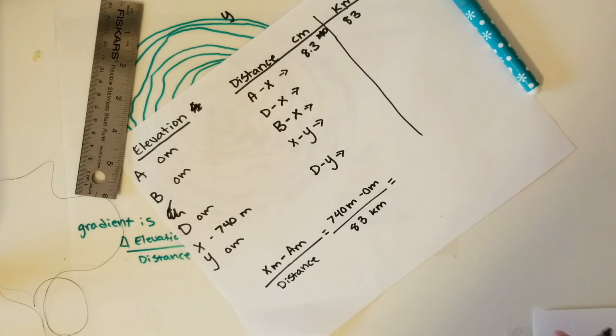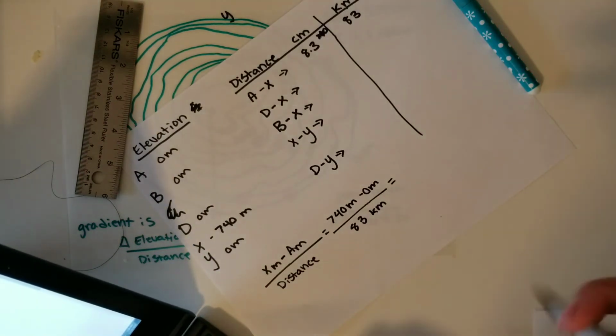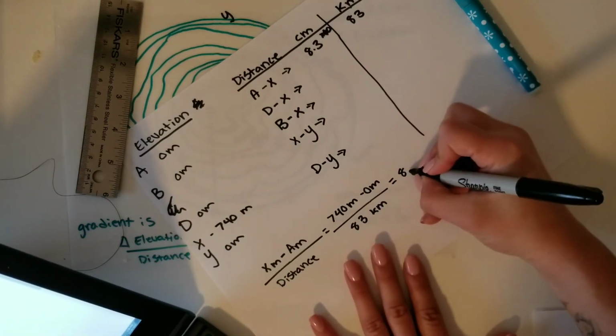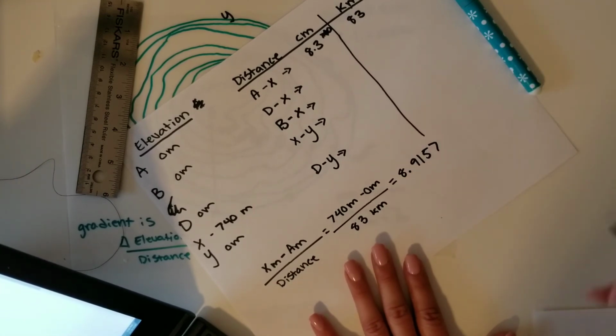And then we do that math on a calculator, or on your computer in my case. That's going to be 740 meters divided by 83 kilometers. And that's going to get you this ugly number, 8.9157.